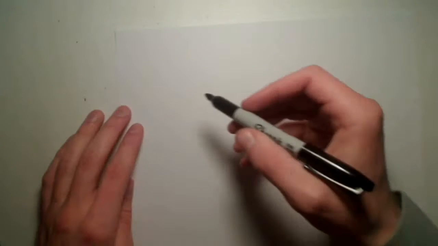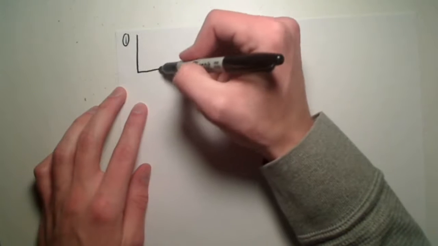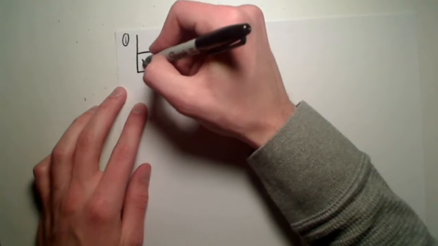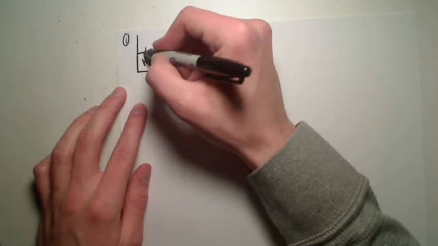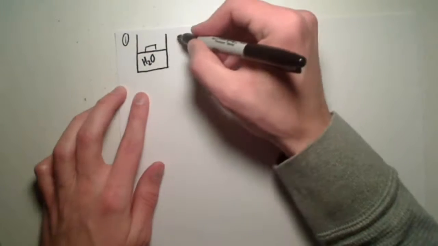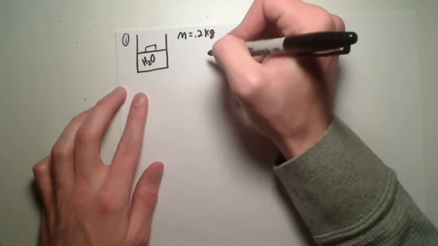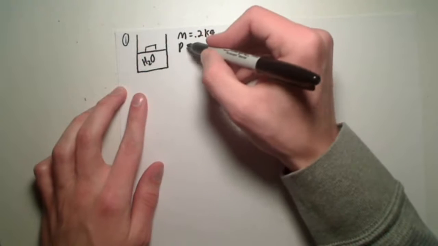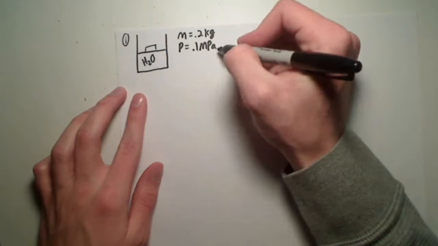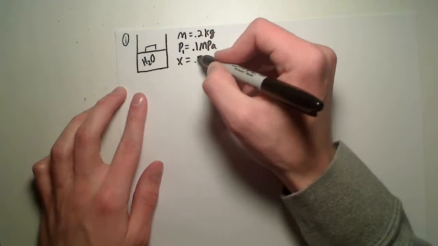Alright, so I'm going to define state 1 as this piston, and it is filled with saturated H2O with some arbitrary mass on top. The mass of this H2O is 0.2 kilograms. The pressure in this piston is 0.1 megapascals, and its quality equals 0.7.